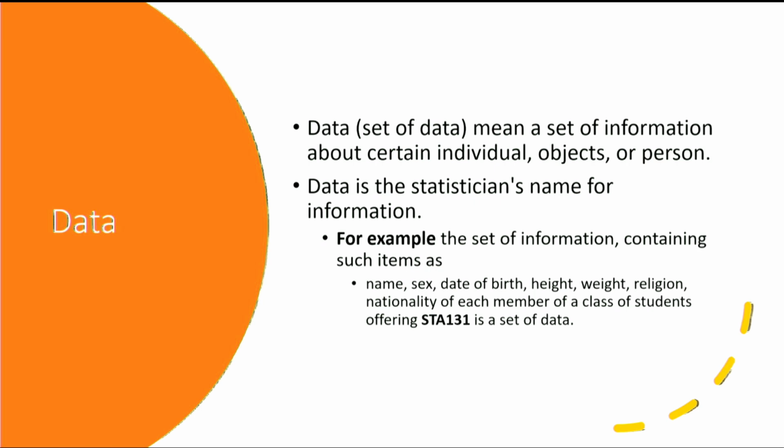For example, the set of information containing such items as name, sex, which we also refer to as gender, date of birth, height, weight, religion, nationality of each member of a class of students offering STA 131 is a set of data.